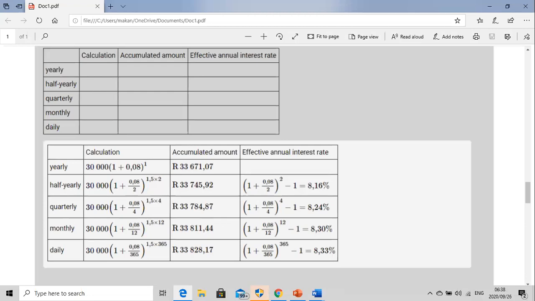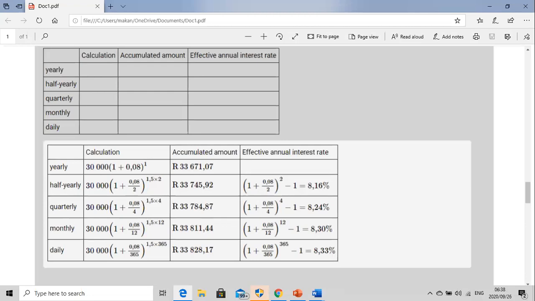You can already see the difference between the initial accumulated amount, which is 33,671 rands and 7 cents.